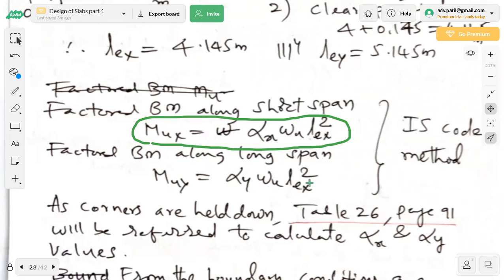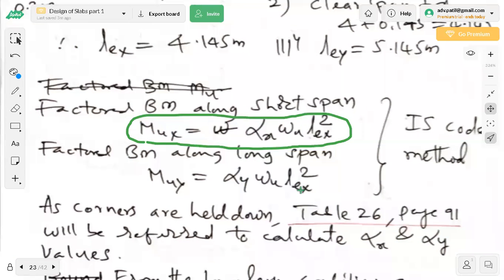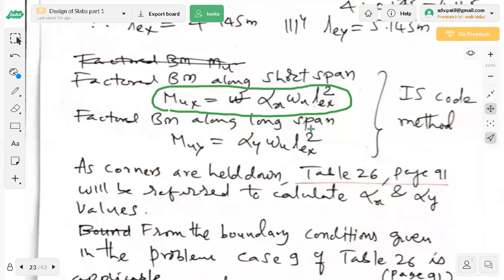It means span is same whether you calculate MUX or MUY. Span should not be different. Same span. In that way only alpha x and alpha y are adjusted. In the calculation, alpha x and alpha y are adjusted in such a way that span in both the cases remains short span as per IS code method.